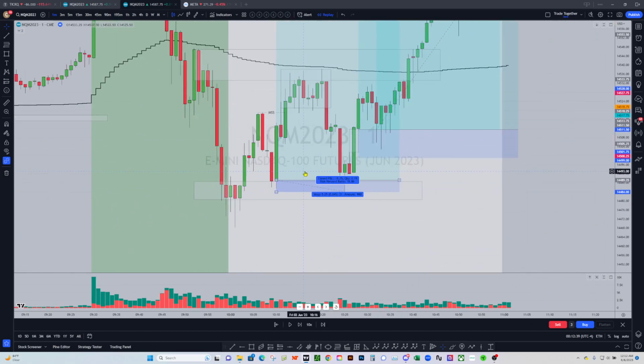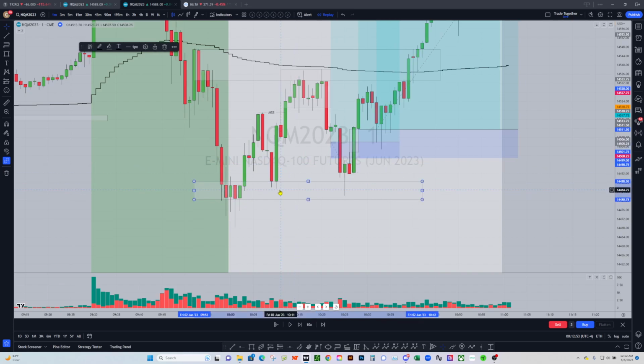So instead of entering here on this time frame, have a little patience, wait it out, and see what the market gives you. Because even if you were to get filled here, there's a lot of liquidity down here still. This isn't as good of an entry as this one, because I know I swept the low and then created the imbalance.